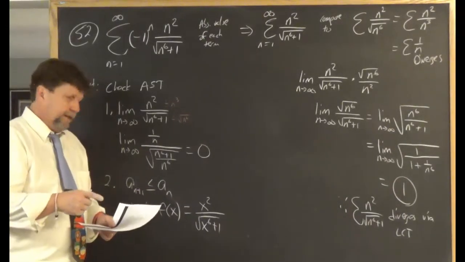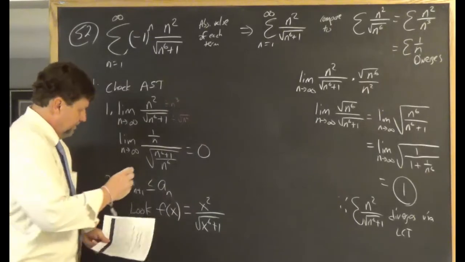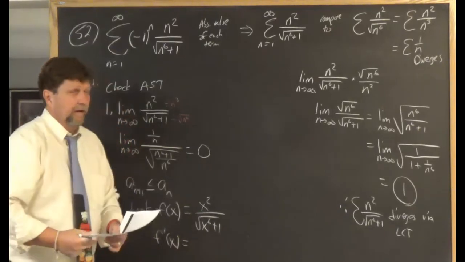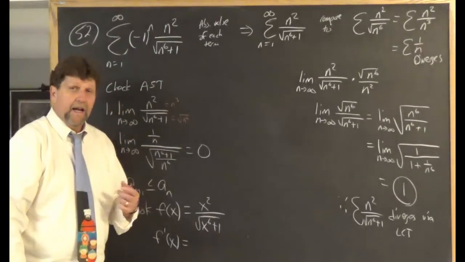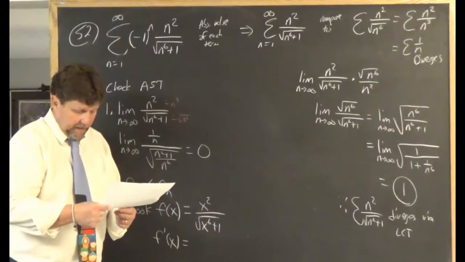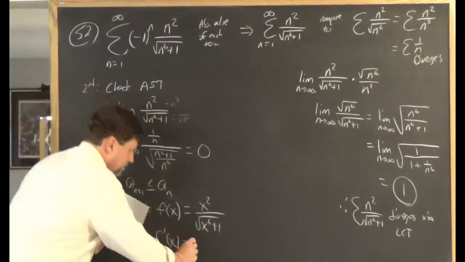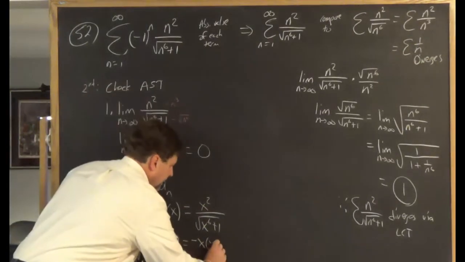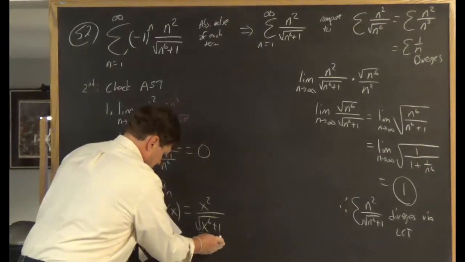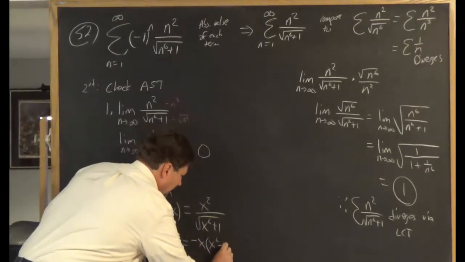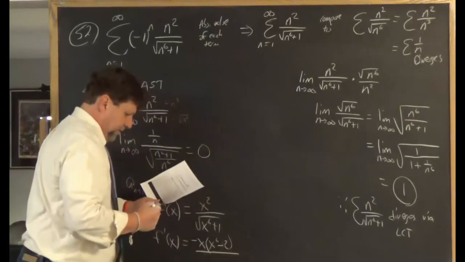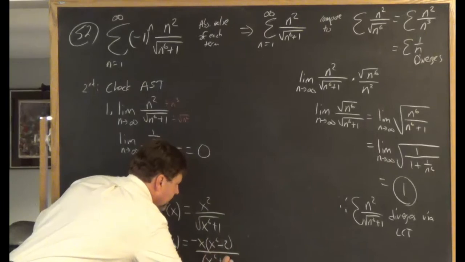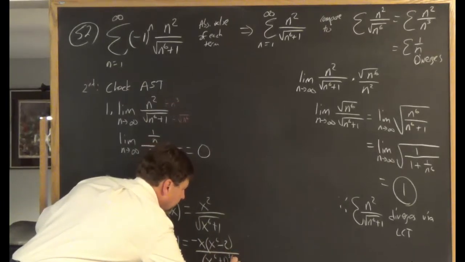I will say that when you get the derivative, and when I say get the derivative, I'm getting the derivative and simplifying it down as much as possible, I get the derivative to be negative x times x to the 6th minus 2 over x to the 6th plus 1 to the 3 halves.